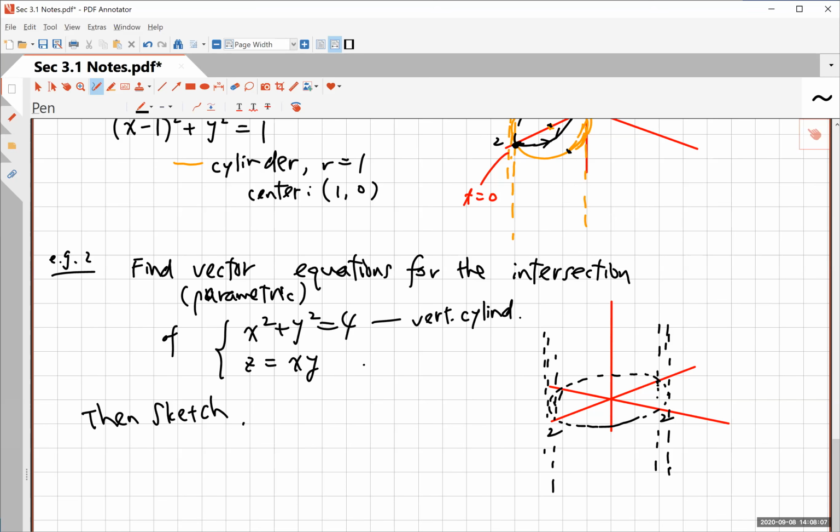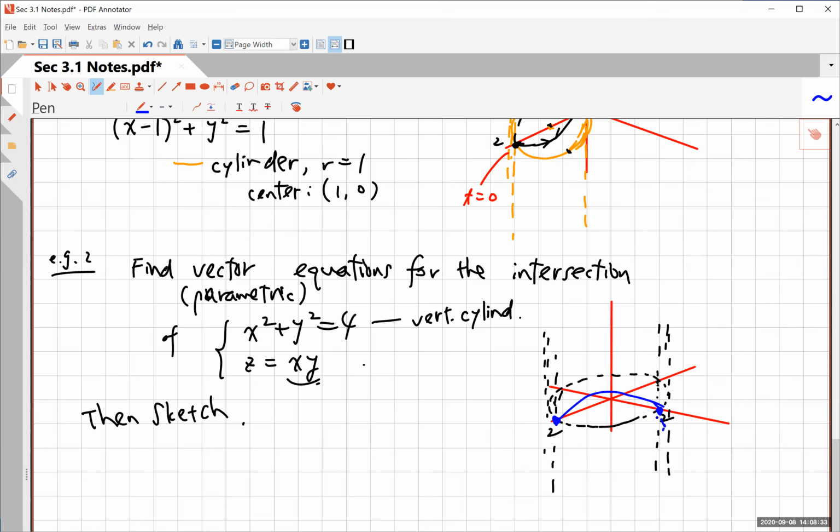So if x is 0 or y is 0, this z is 0. Otherwise, in the first quadrant, x and y are positive, so z is positive, right? So what kind of a graph is this? Well, it does have to go through these points here. And here it goes up like this and down like that. And then it starts to go down, right?